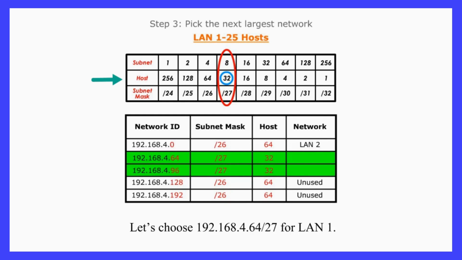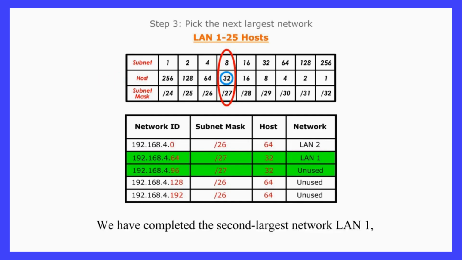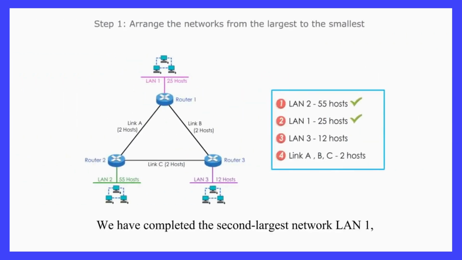Let's choose 192.168.4.64/27 for LAN 1, and we mark the second one, 192.168.4.96/27, unused at this point, reserved for future use. We have completed the second largest network, LAN 1, and we move to the next step.